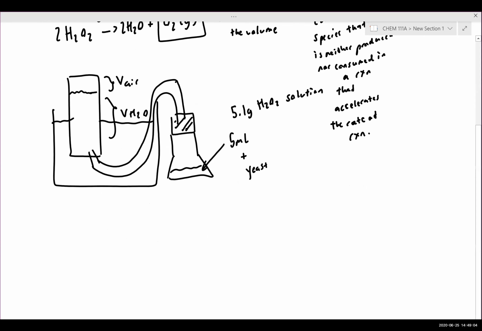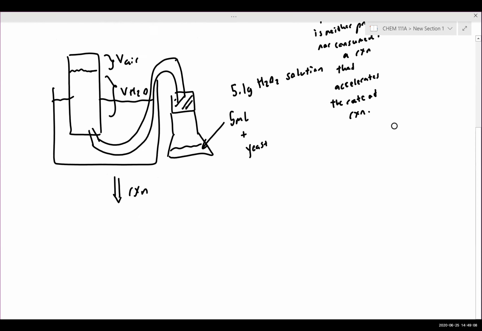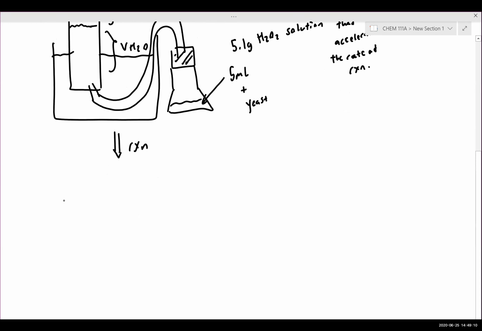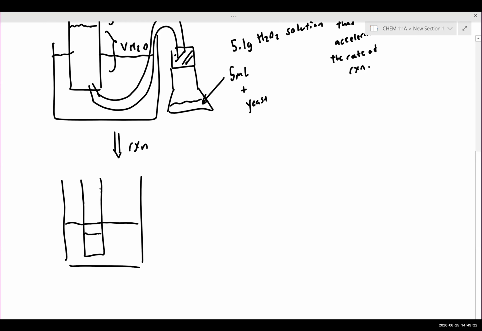Okay, so after our reaction proceeds, we are going to end up with a final setup where our water level has dropped substantially. So now we have a new volume of oxygen plus air and a new volume of water at the end of our reaction.